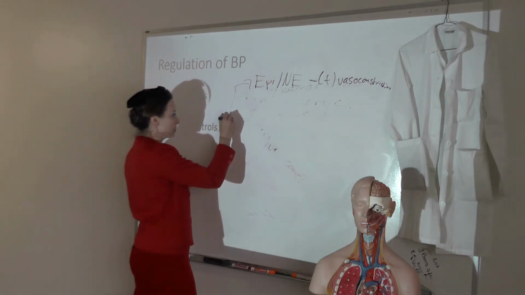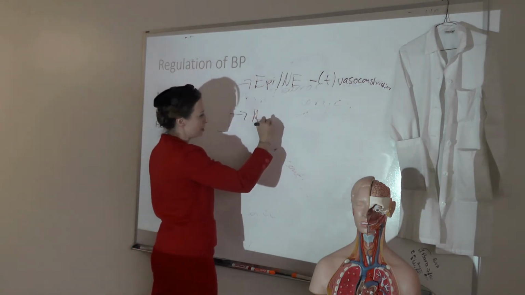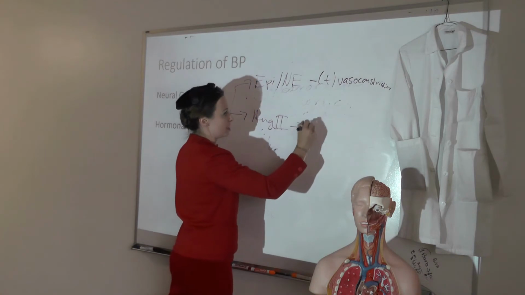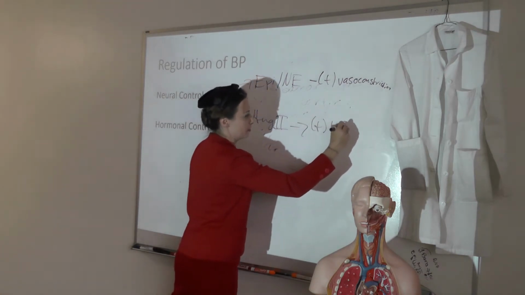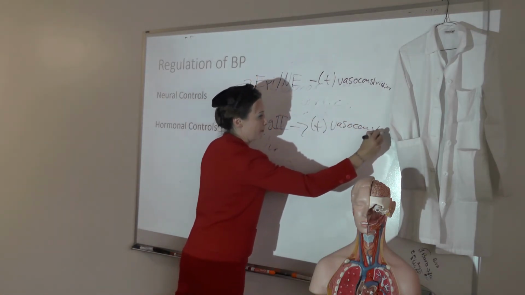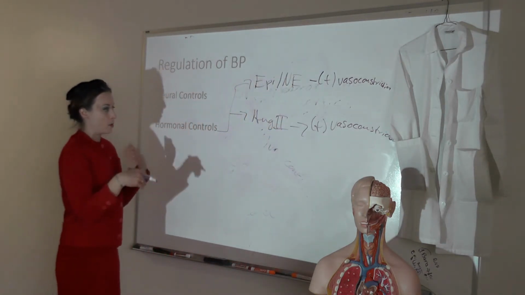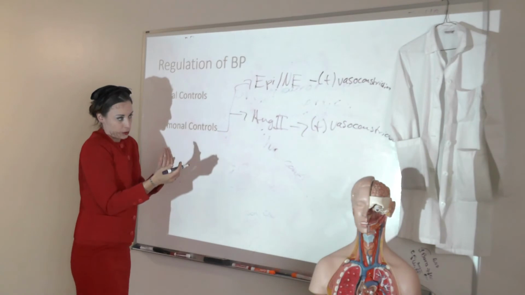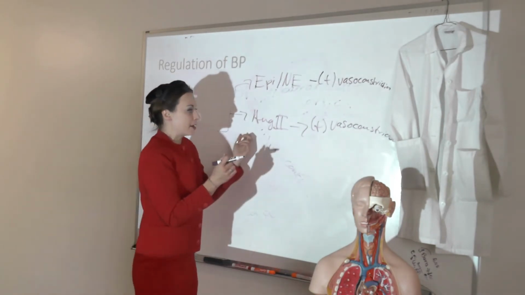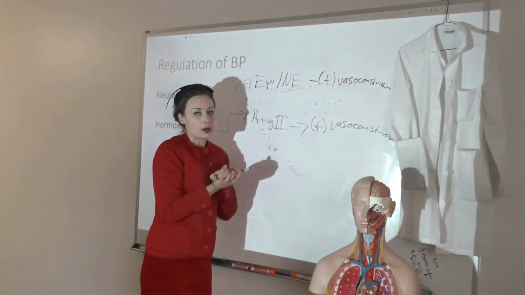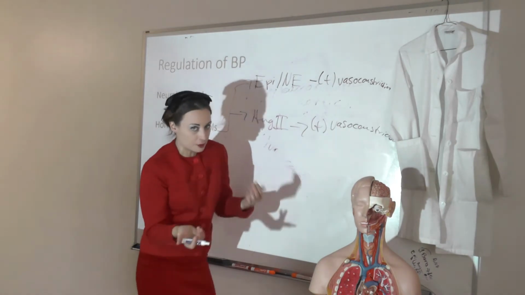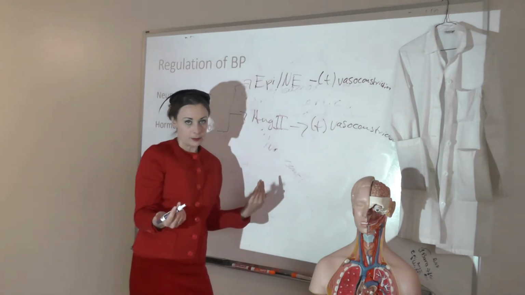What else have we talked about? Angiotensin 2 is going to also be a vasoconstrictor. So that will help by, again, stimulating the constriction of our tunica media. But now angiotensin 2 is also going to be able to stimulate other effectors in the system to help increase blood volume.